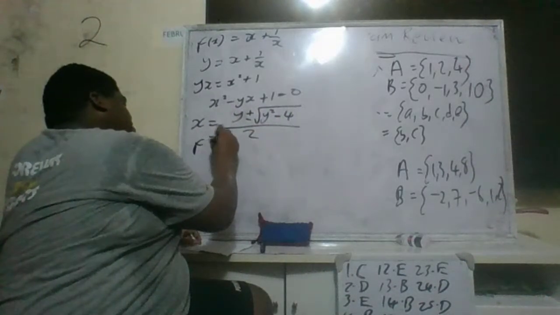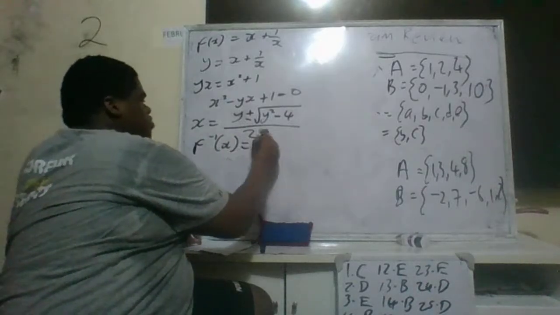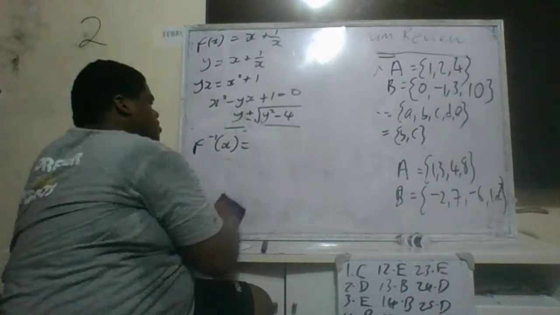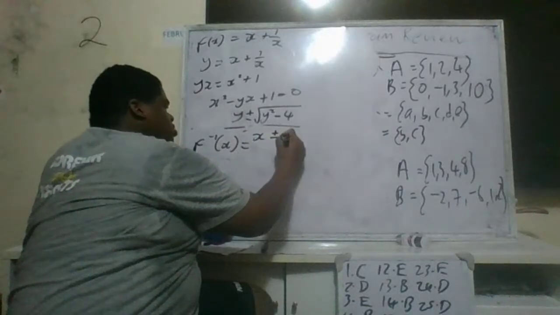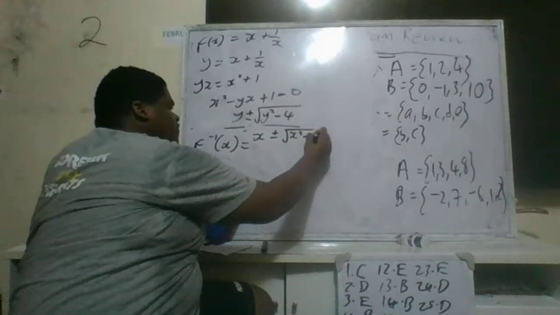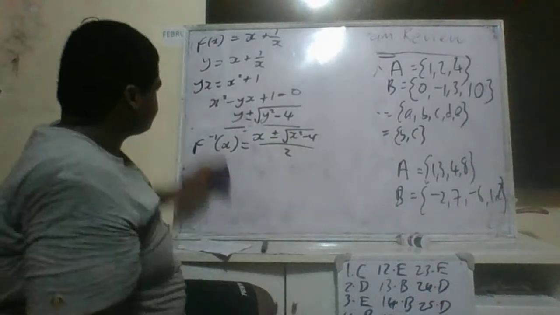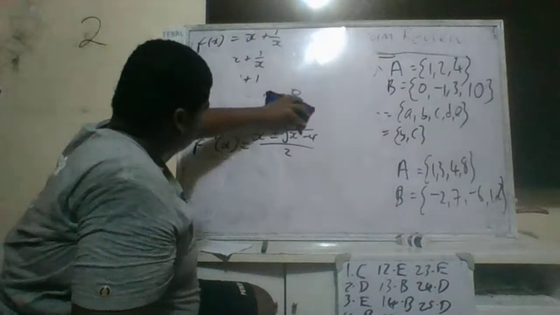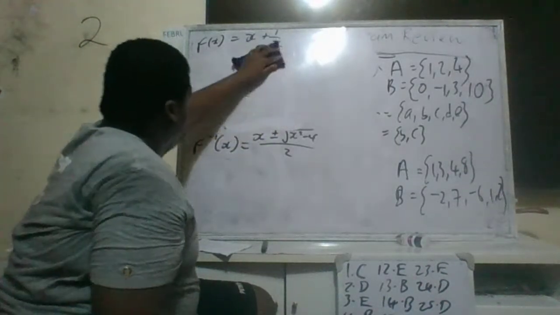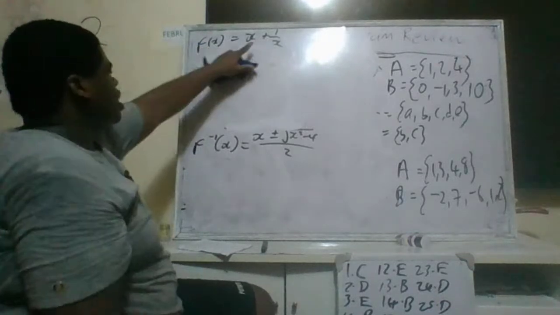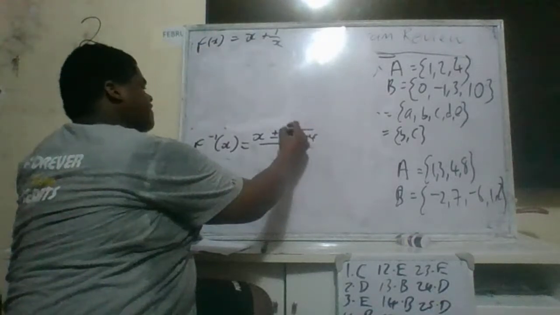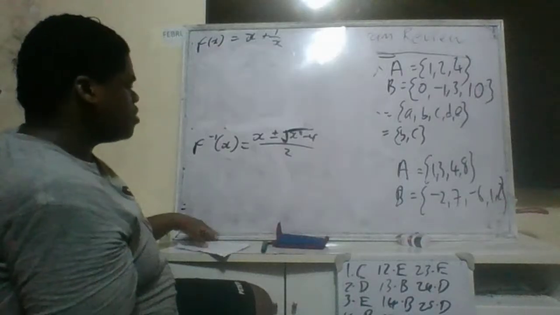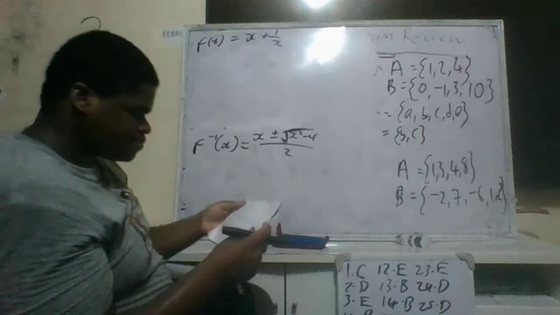That means the f inverse of x is equal to x plus or minus the square root of x squared minus 4, divided by 2. So if f of x equals x plus 1 over x, then f inverse of x is equal to x plus or minus the square root of x squared minus 4, divided by 2.